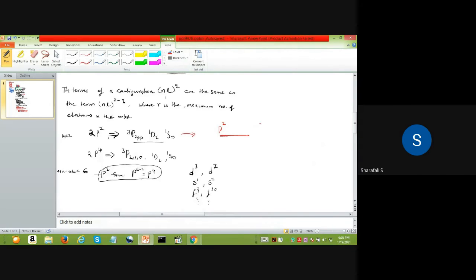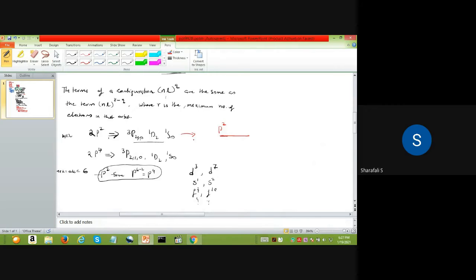But after LS coupling, we have three different states: S, D, P. Three different states are formed because of LS coupling. So this single energy level splits into three.